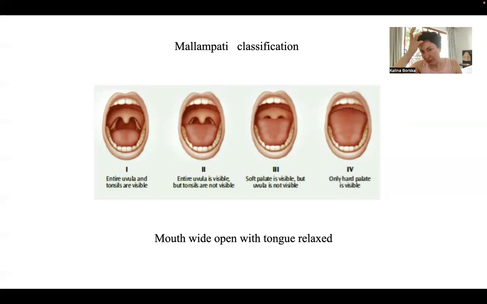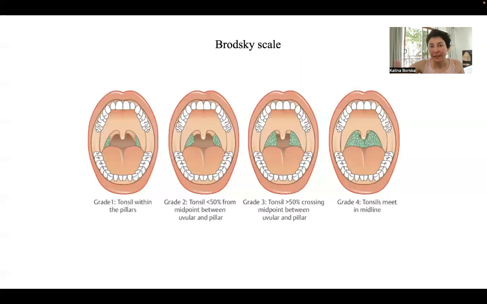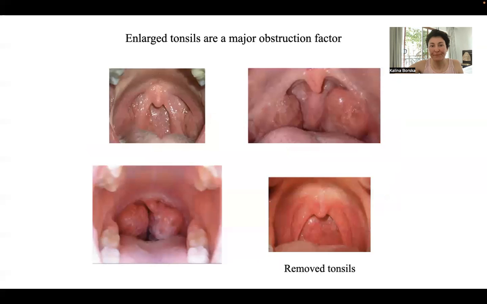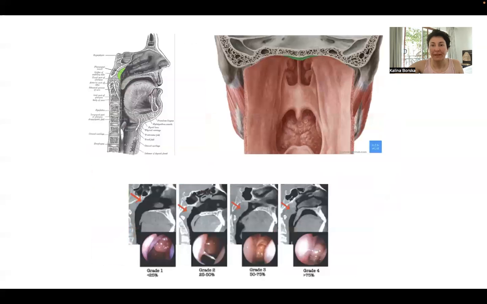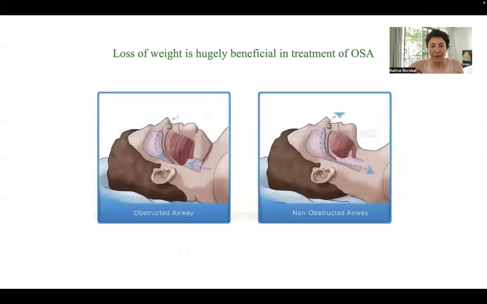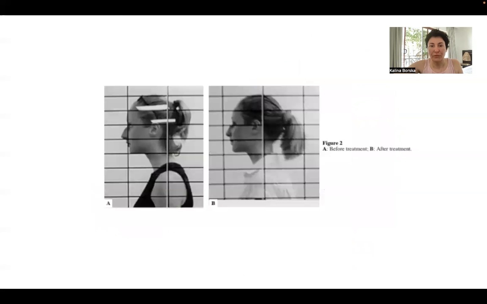So we have patients, for example, who have such long soft palates that you can't really see anything behind, so they will be a little more prone to obstruction. The evaluation of the tonsils, just a little more anatomy. This is a lovely image from the back as well. Okay, so I think we're going to move on to the protocol.